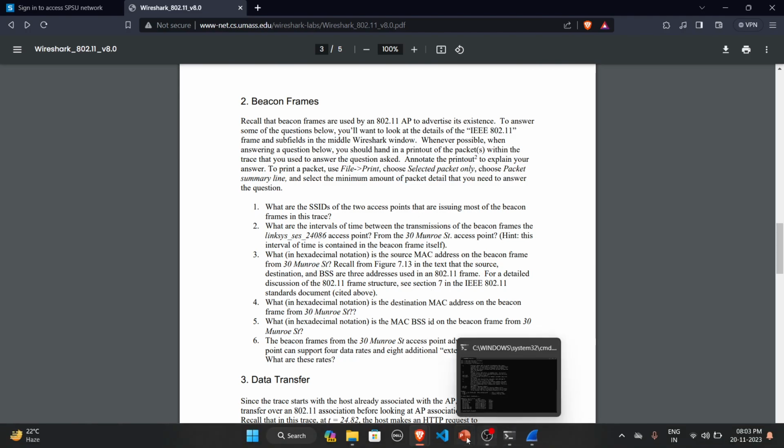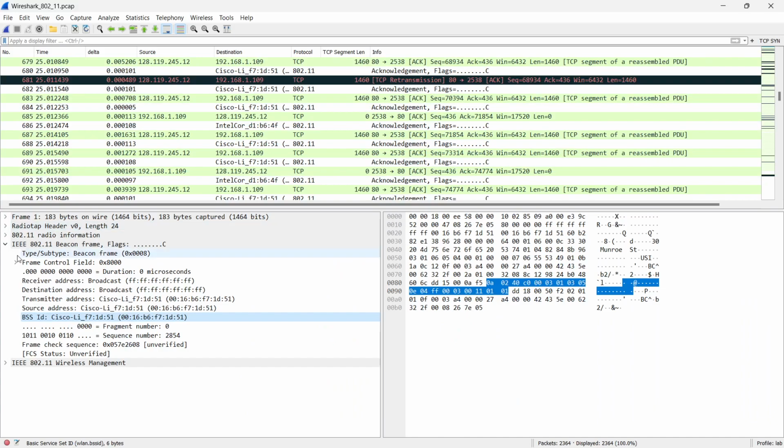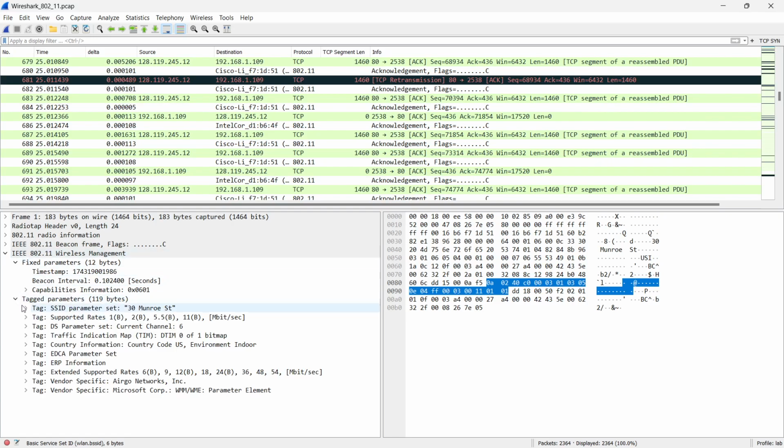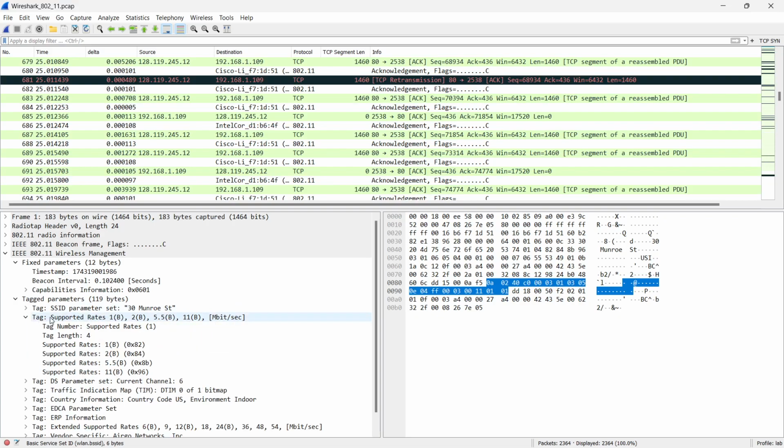For this we go to Wireshark, and again go to wireless management here and to tag parameters. This is the supported rates: 1B, 2B, 5.5B, 11B Mbit/s. The supported rates are here. The tag length is 4, and these are their hexadecimal values.